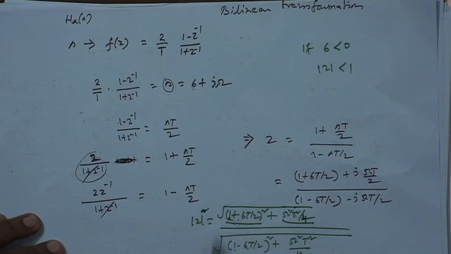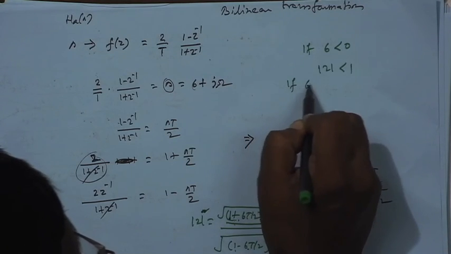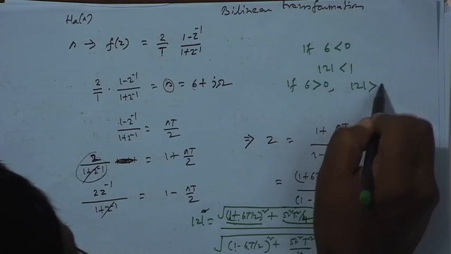For example, if sigma is minus 1, it is 1 minus T by 2 in the numerator and 1 plus T by 2 in the denominator. The imaginary part is common in both and does not change anything. On the other hand, if sigma is greater than 0, mod z is greater than 1.